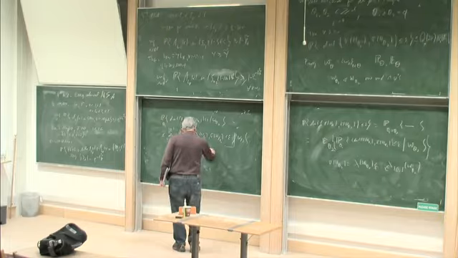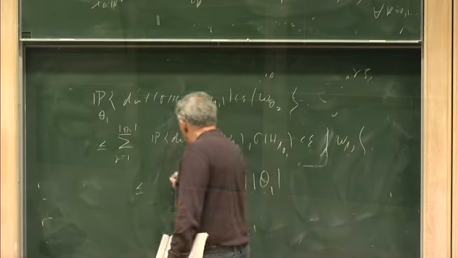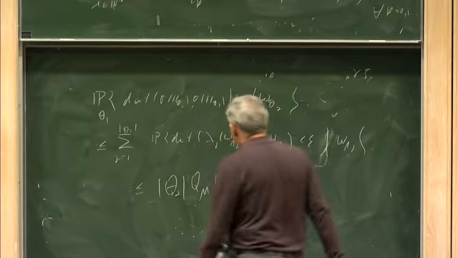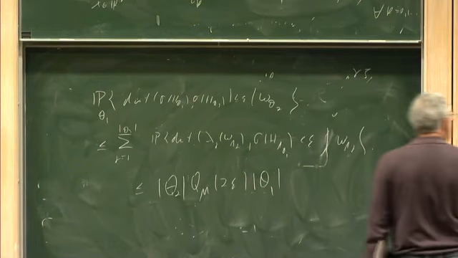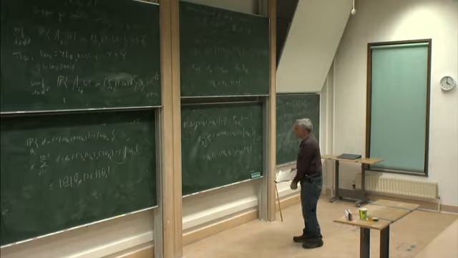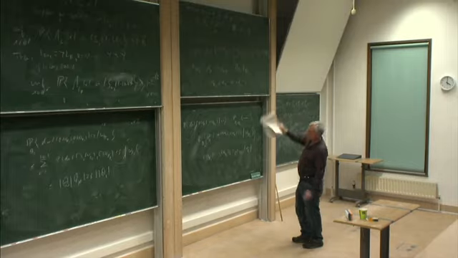Times theta 1. But how many of those do I have? Theta 2. Well, this is independent, so we are done. And we have that estimate.